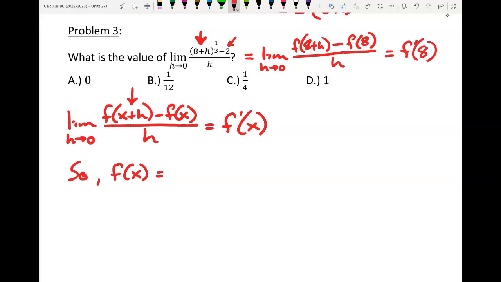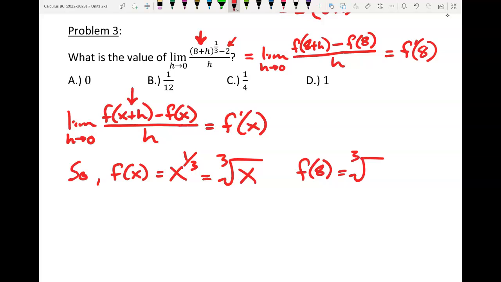So x to the 1/3, or the cube root of x. All right? And then f of 8, well, what's the cube root of 8? 2, which is what we have there. So it all matches. So now we need to figure out what is f prime of 8.